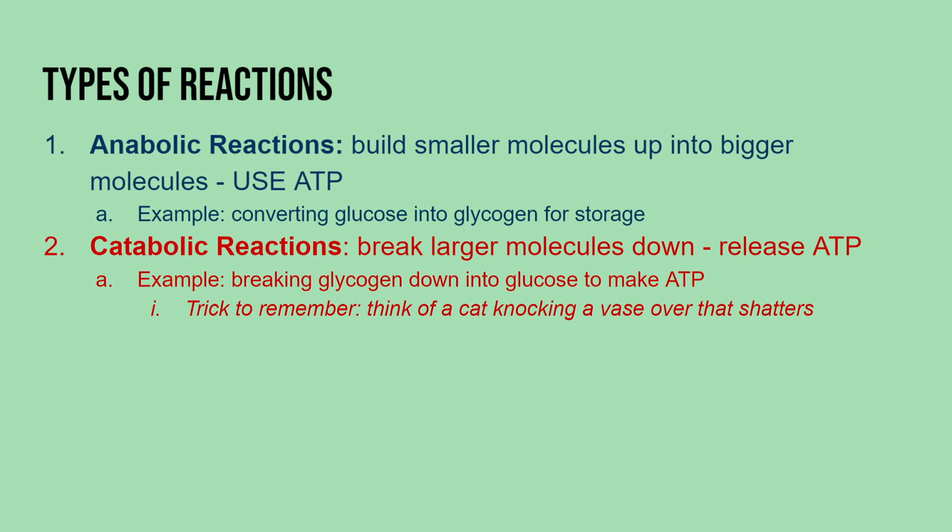An example of an anabolic reaction would be converting glucose into glycogen for storage. Glucose is a simple sugar, and combining a bunch of glucose molecules together into glycogen, a bigger molecule, is an example of an anabolic reaction.